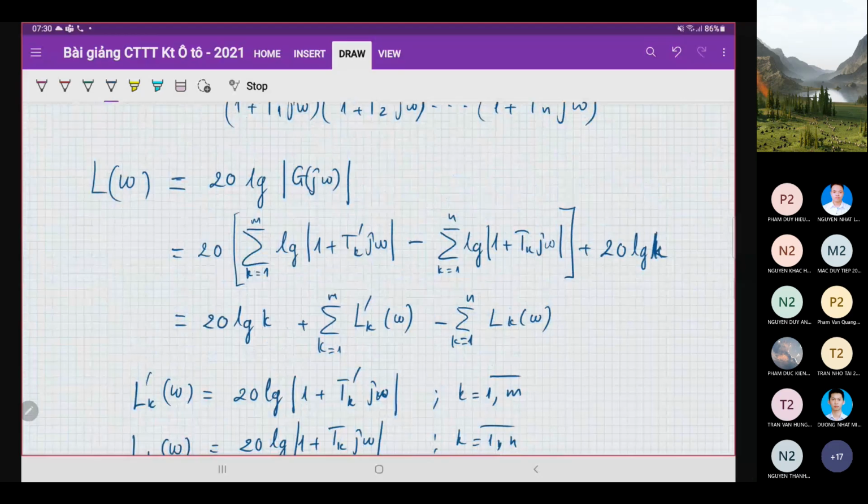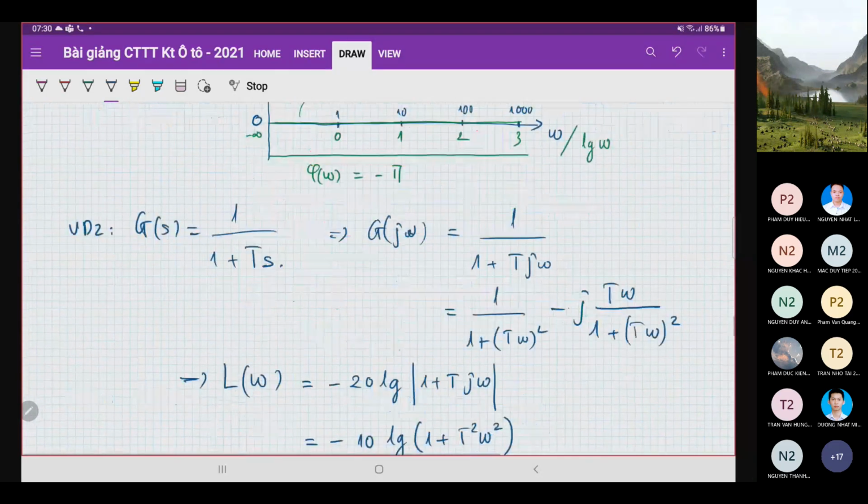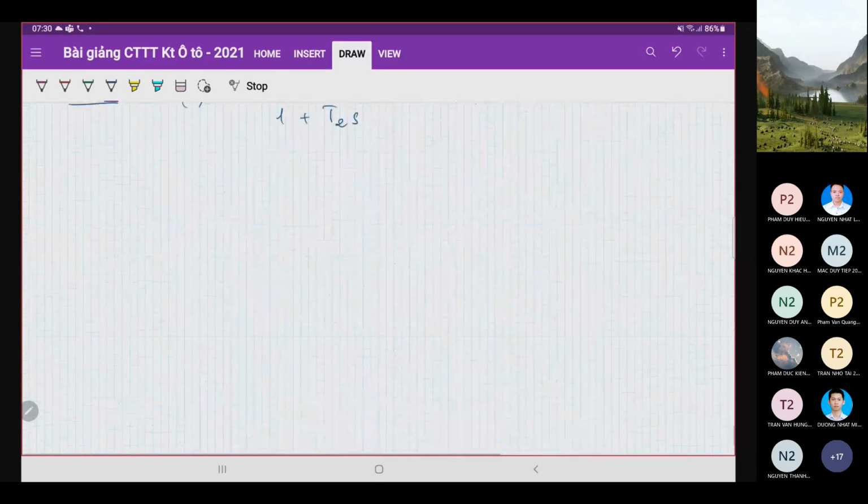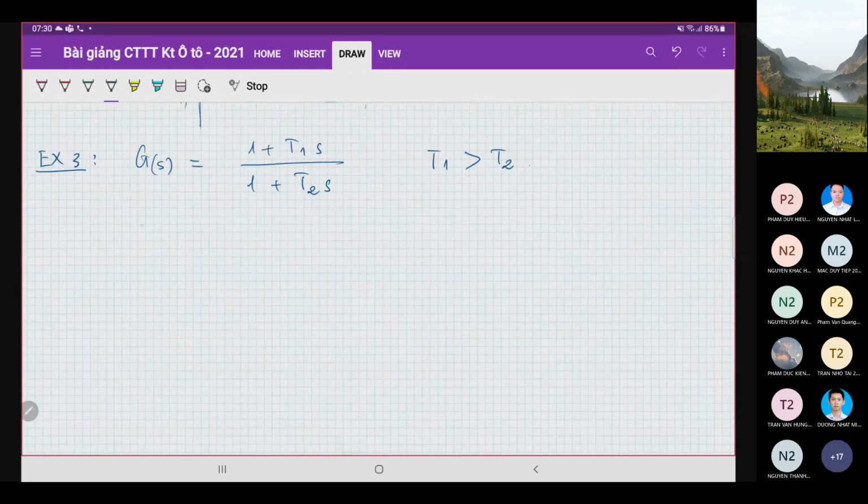G(j omega) will be (1 plus T1 j omega) over (1 plus T2 j omega).